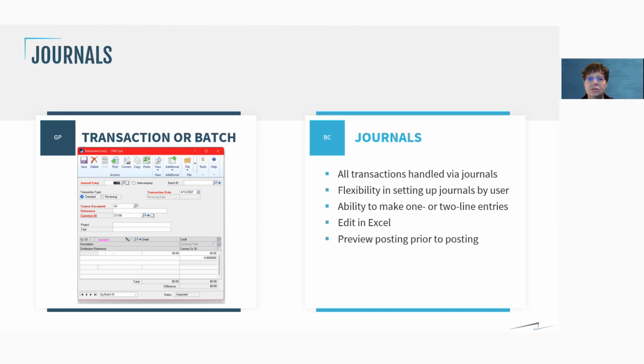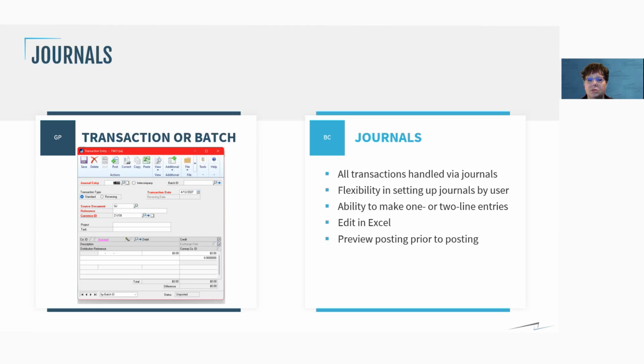In Business Central, you do have the ability to make either one or two line entries. What that means is in GP, where you enter a journal and you'll have a debit line and a credit line, in Business Central, you have the ability to actually make a single line entry where both the debits and credits are handled in that same line. And then again, edit in Excel.